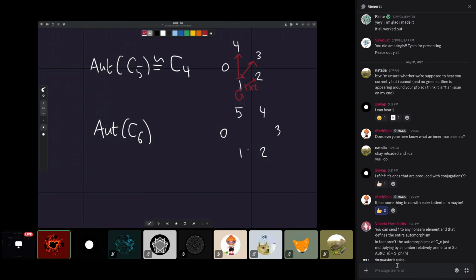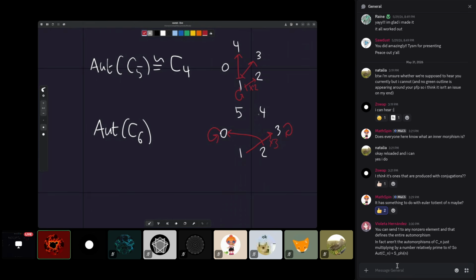So for example, if you send 1 to 3, that's the multiplication by 3 map, not necessarily an isomorphism. And indeed, if we look at where everything goes when you multiply by 3, 0 gets fixed. 2 goes to 6, which is 0 mod 6. 3 goes to 9, which is 3 mod 6. 4 goes to... Oh, I'm showing my terrible arithmetic skills here. 12.